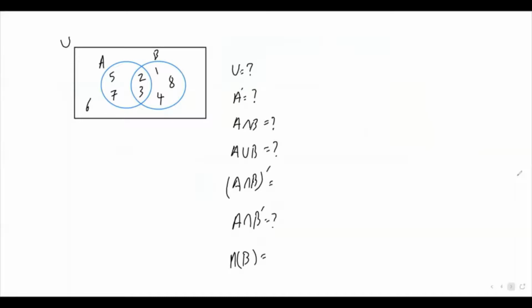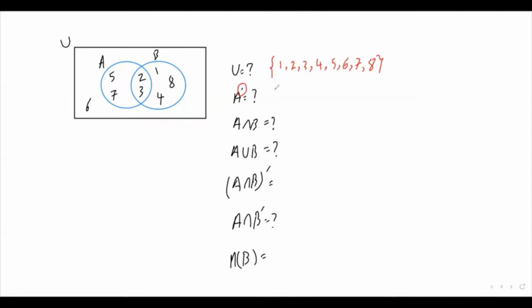Well, I think it's quite straightforward. They're asking, what is U? Well, my universal set here is all the numbers listed from 1 to 8, right? Okay, and what is the complement? You see this symbol?